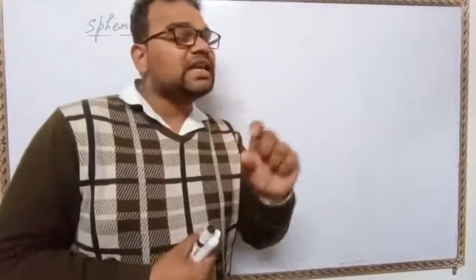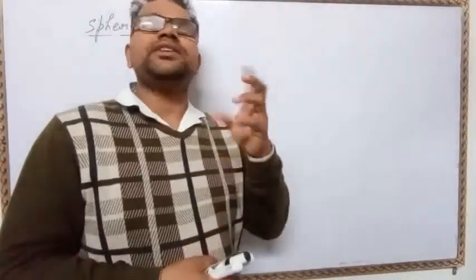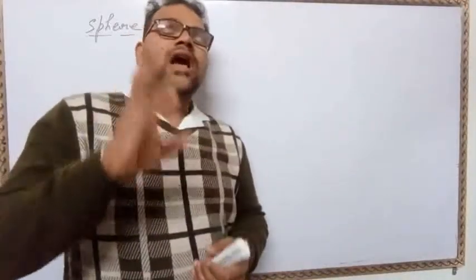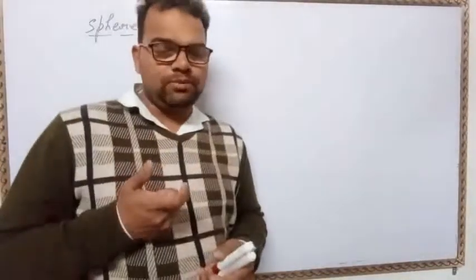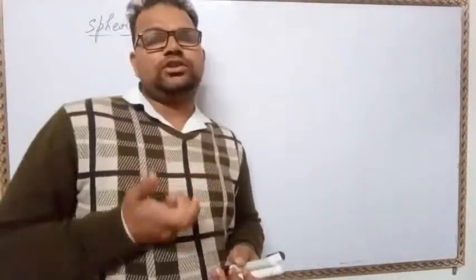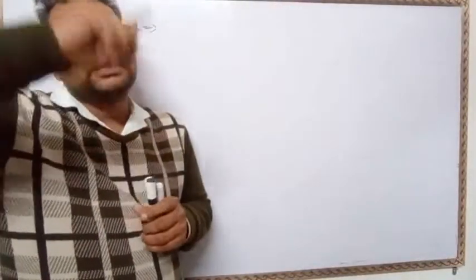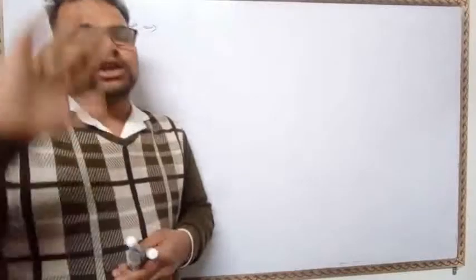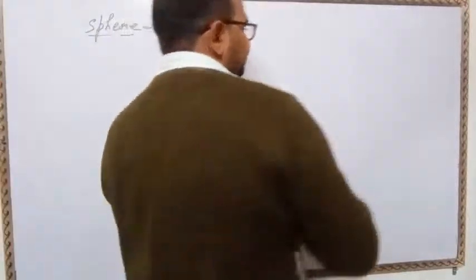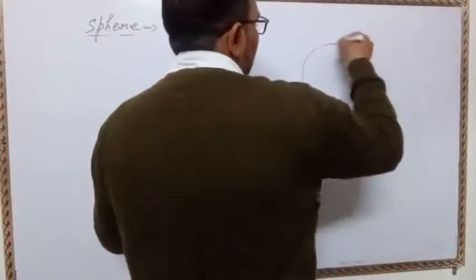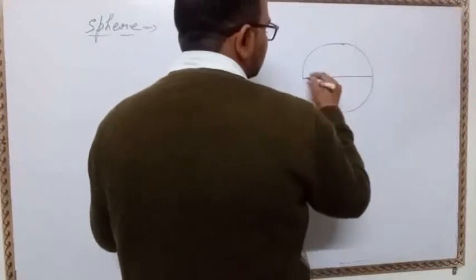Circle is a plane figure, sphere is a solid figure.